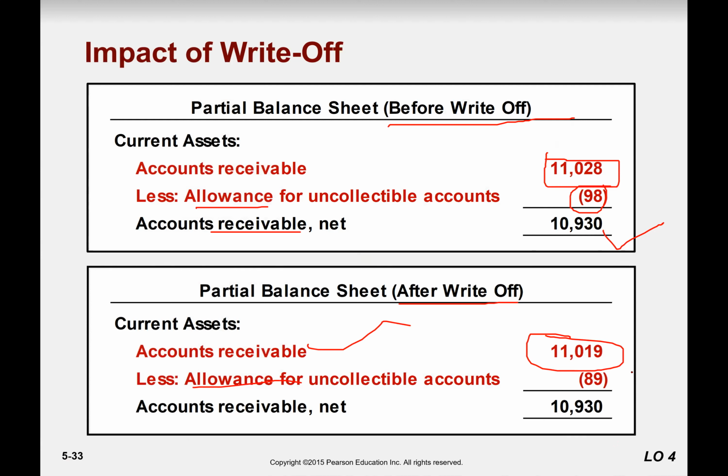Our allowance decreased to $89 million, and our net value is not disturbed. Right? So this is the beauty of using allowance, so that our balance sheet does not experience variability during the accounting period. It remains the same, stable, normalized. We use different words for stability, normalized.